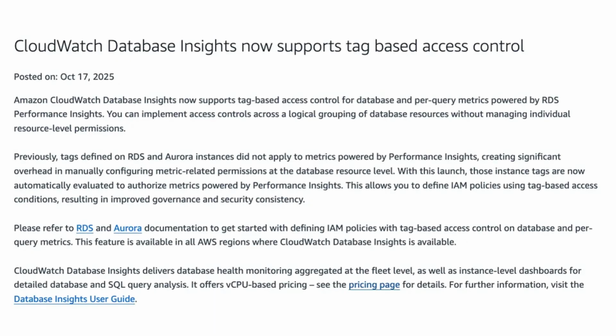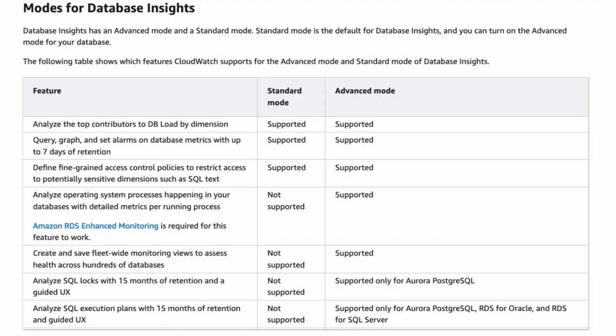In a new update of CloudWatch, CloudWatch Database Insights now supports tag-based access control for RDS and Aurora metrics powered by Performance Insights. Previously, instance tags didn't affect access to Performance Insights metrics, forcing manual, resource-by-resource permission setup. Now, instance tags are evaluated automatically for authorizing database access per query, so you can write IAM policies using tag-based conditions.